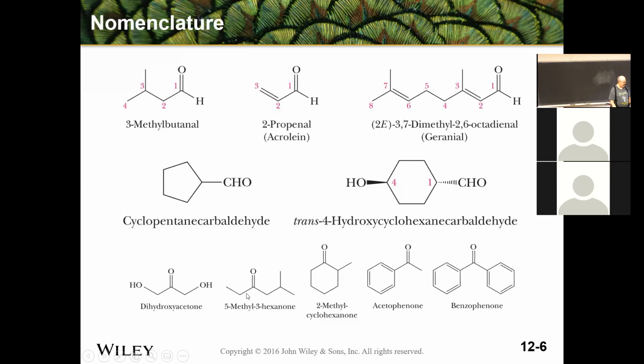Okay, the 3 is the position of the ketone. Right, if we have a cyclic ketone and the ketone is the dominant functional group, in this case, it's understood that the ketone is on carbon number 1. Okay, so this is 2-methylcyclohexanone.